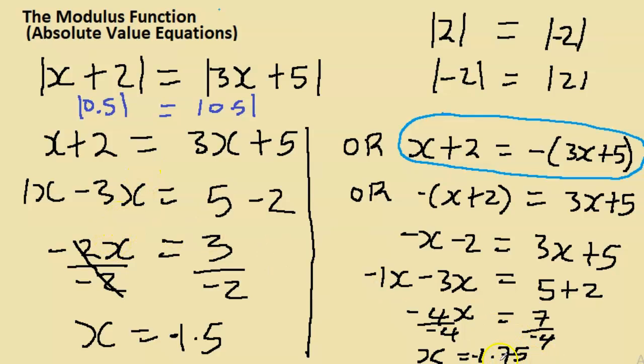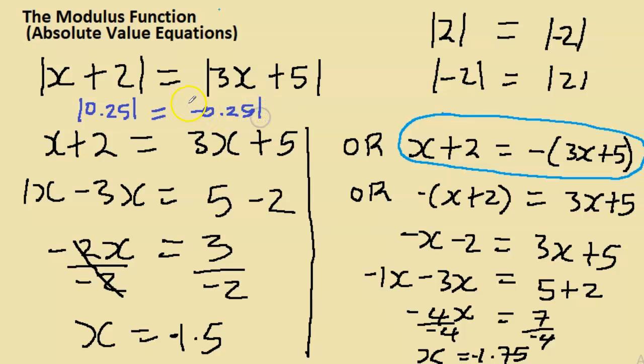Let's try the other solution we have, negative 1.75. If I substitute negative 1.75 in the left hand side here, I'll have negative 1.75 plus 2, which is 0.25. So that is the modulus of 0.25. And if I plug negative 1.75 over here, I'll have 3 times negative 1.75 plus 5, which will give me, you can use a calculator and check that, negative 0.25.